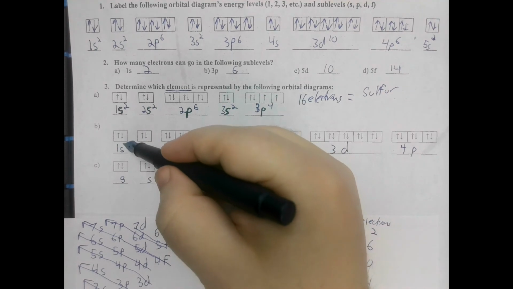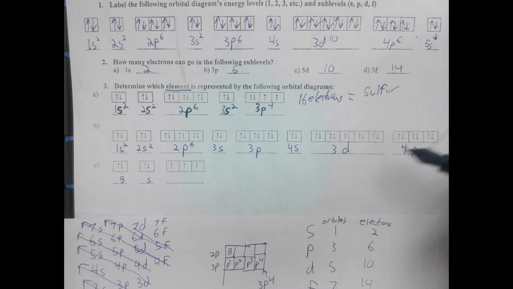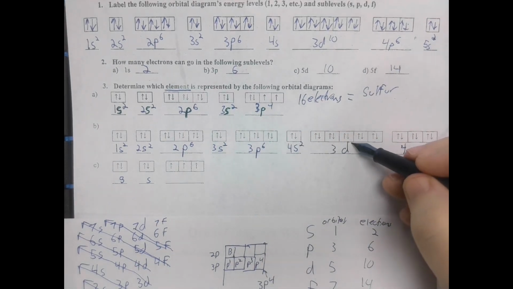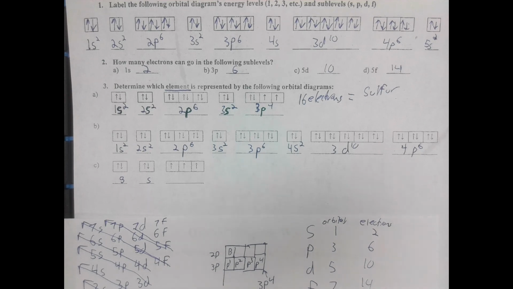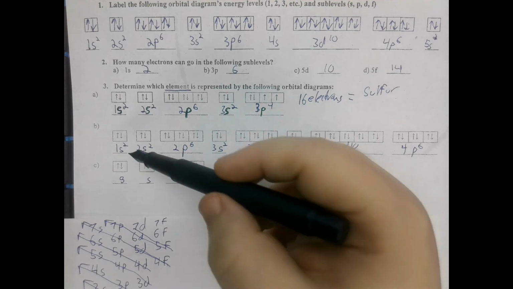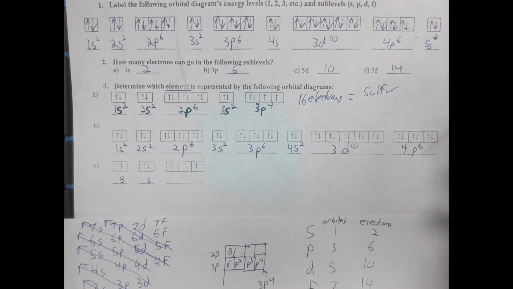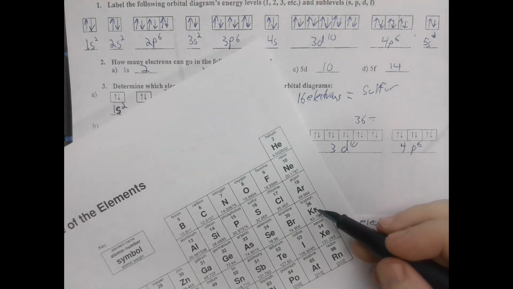And then we count 2, 2, 6. I know it's going to be the maximum number until the very end. 2, 6, 2, 10. Then check 1, 2, 3, 4, 5, 6. 6 here. So since everything is full, I know it's going to be a noble gas. We can still add these up. 10, 20, 30, 36. 36 corresponds to krypton.